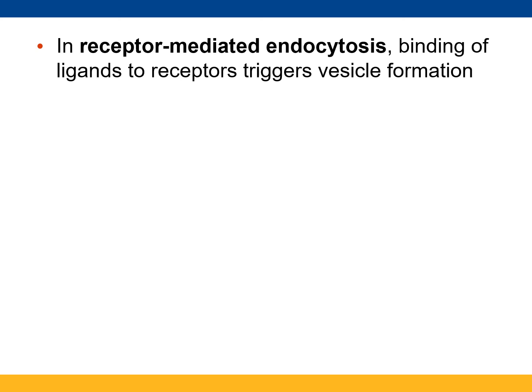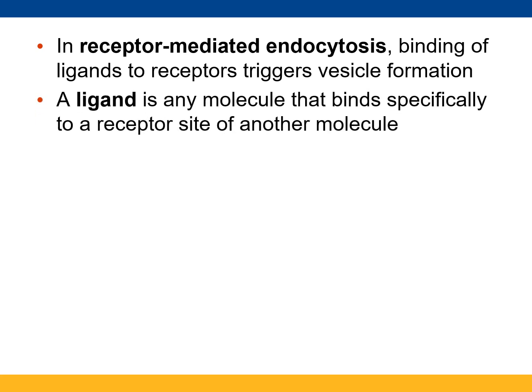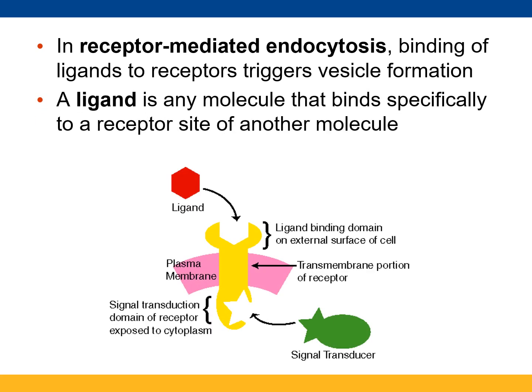Main thing is that with receptor endocytosis, they've identified the receptor, and these things don't have to be big, huge particles. They can be relatively small. It's very specific. So we have this thing called a ligand, or sometimes people say ligand. It binds a receptor and it triggers the motion of the plasma membrane to begin creating a vesicle.